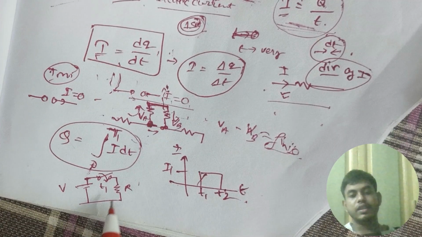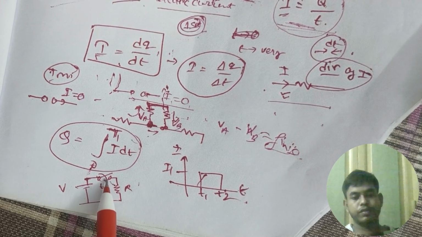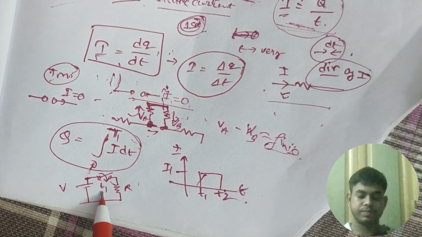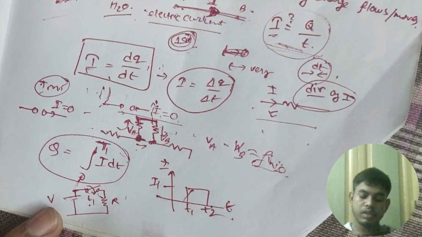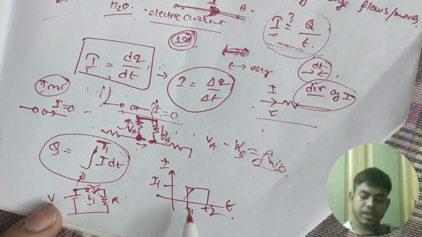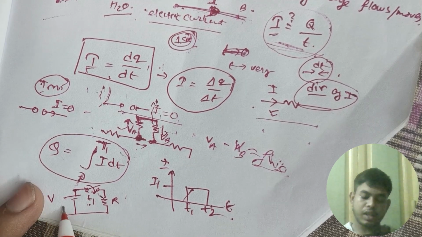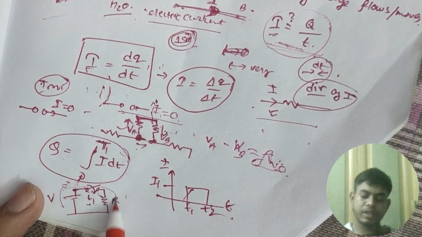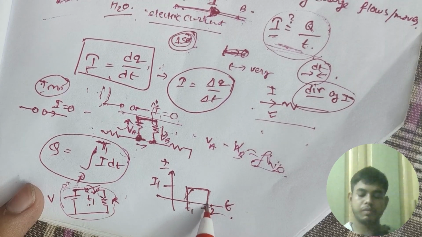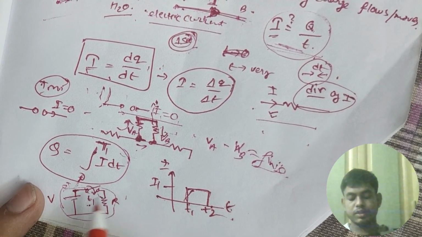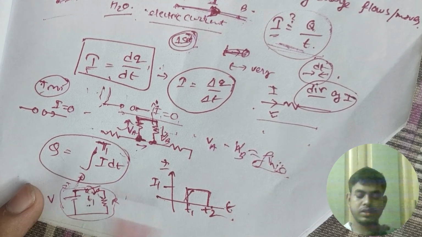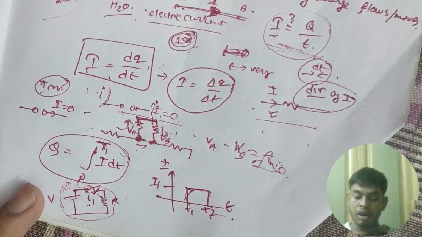With the switch closed at time t1, current flows to the resistor. Current flows, and the switch again opens at t2.